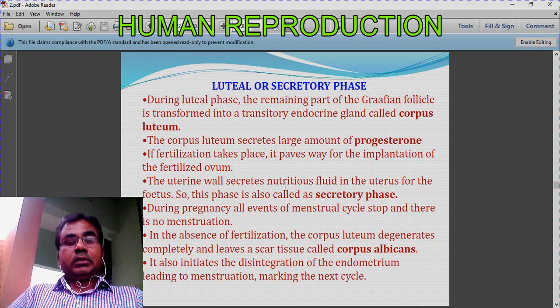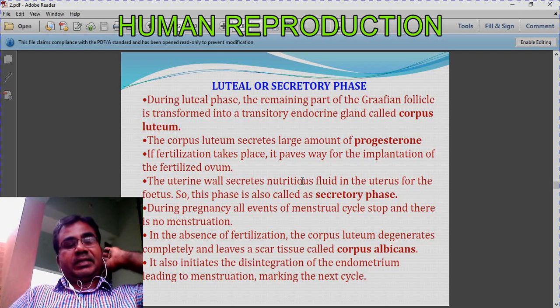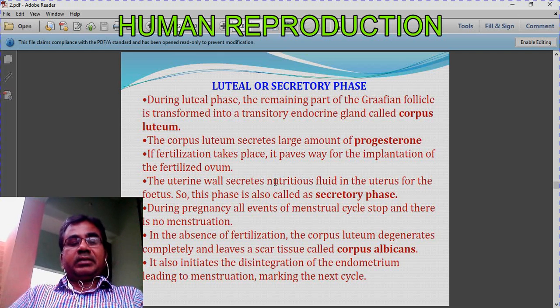Why? Because the inner wall of the uterus, that is endometrium, secretes some nutritious fluid for the fetus. For the developing embryo, it provides some nutrients. It secretes some nutrients, so that only this is called the secretory phase.